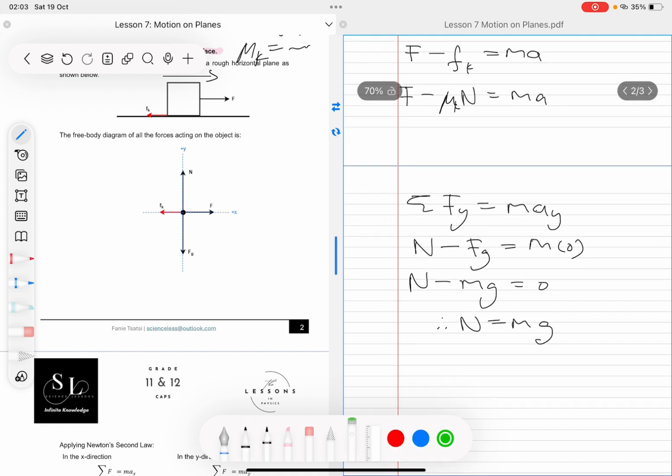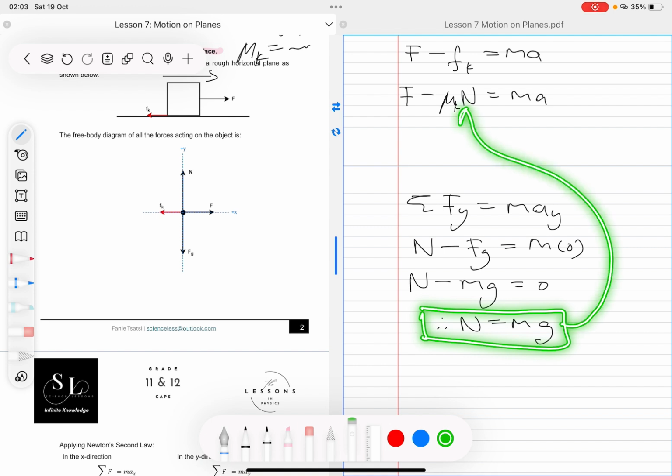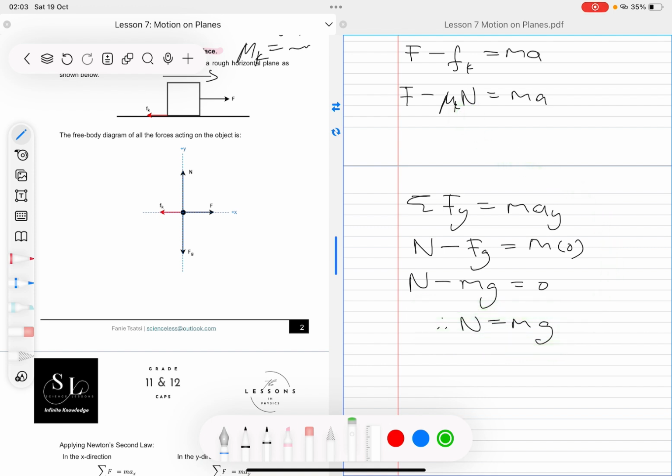Do you see that at this stage we can take this normal force and substitute it in this equation here, right? Since in this case, when there's friction, the normal force appears through the formula of friction.